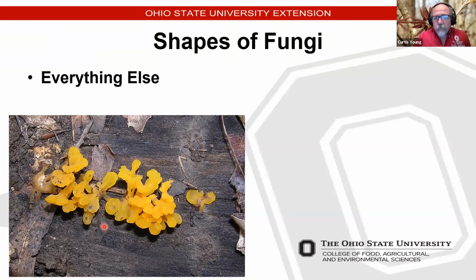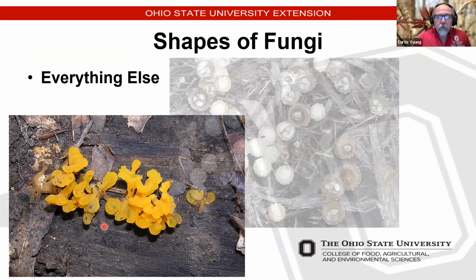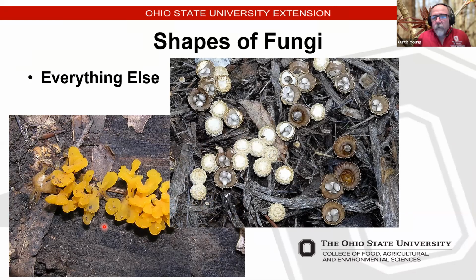And there's a whole bunch of other shapes and sizes and colors out there that we can encounter in the woods, such as these yellow fan-shaped jelly fungi. They're pretty small, growing on rotting logs. We've already talked about the bird's nest fungi, which are too tough to be considered edible.